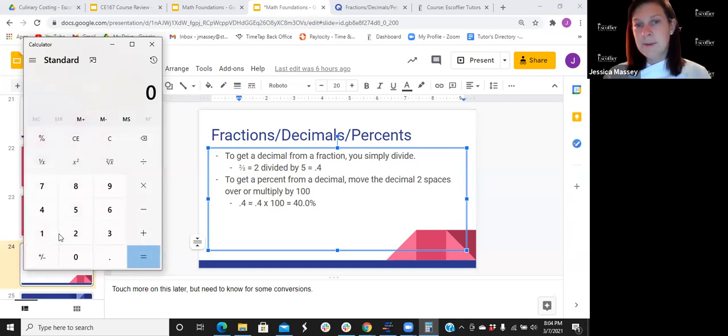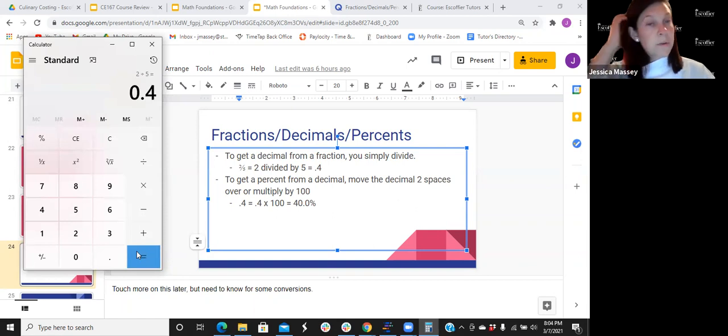Once you get that decimal, to get a percentage you can do 2 different things. They're the exact same thing, whichever makes most sense to you, do that one. The first, you can move that decimal itself 2 spots over to the right. So going with our example, we have 0.4. If you move that decimal 2 spots over, you would get 40.